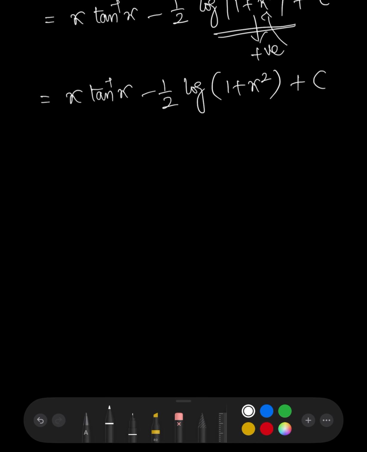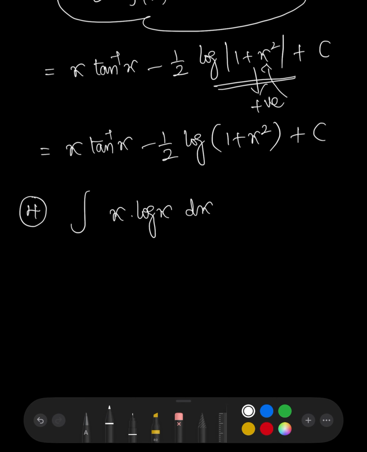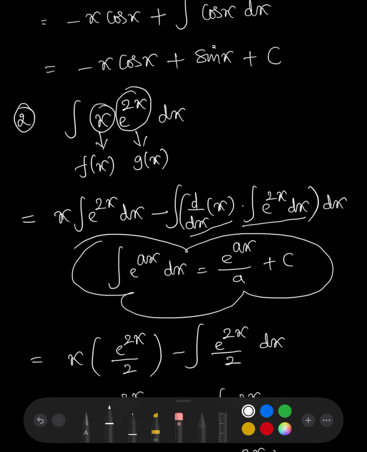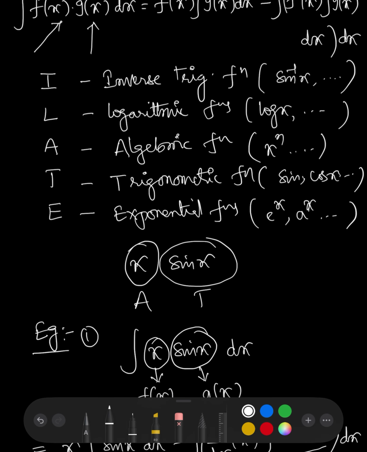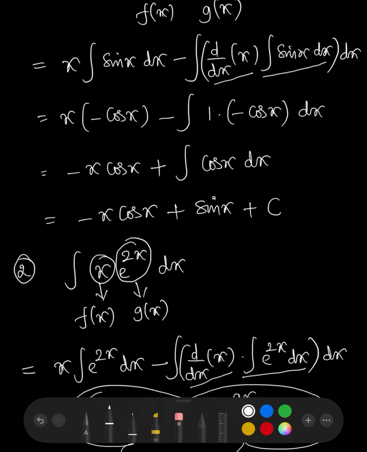Now for suppose one more question, if it is like this, integration of x into log x dx. See, x is algebraic and log x is a logarithmic function. Now coming to the order, logarithmic comes first and algebraic next.